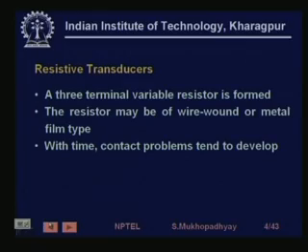Now naturally, since there is a point which has to constantly move on this resistance, this resistance can be either a wire wound type, where on some former many turns of a thin wire are wound, so that if you have a small displacement, you will have a small resistance change. So, you generally have a good resolution.